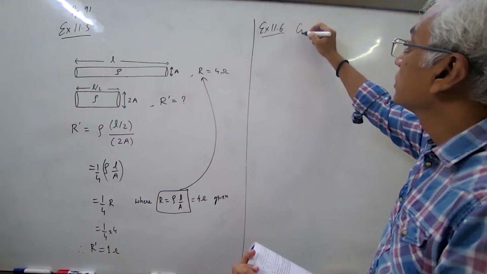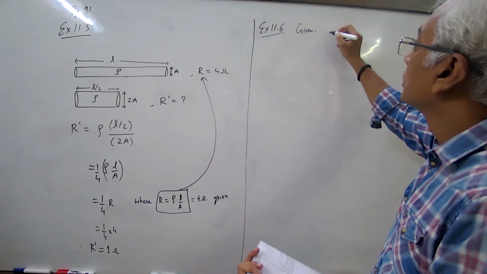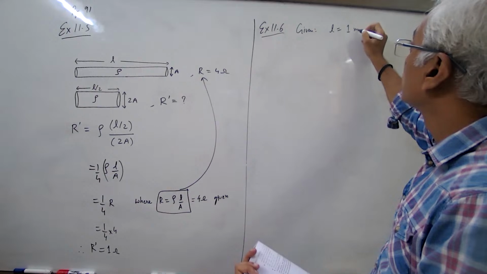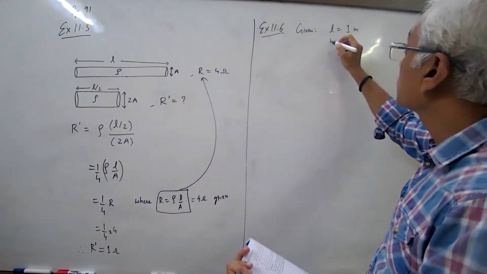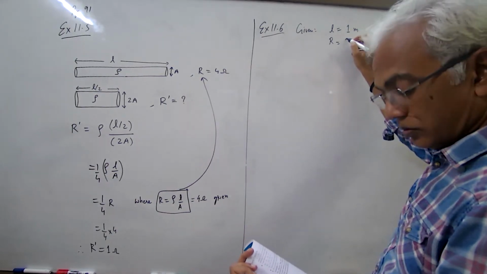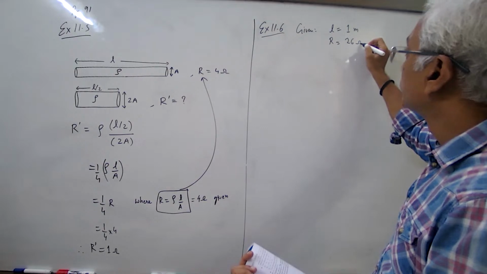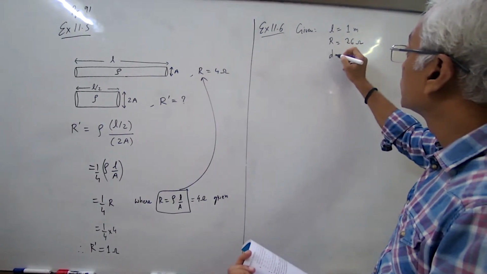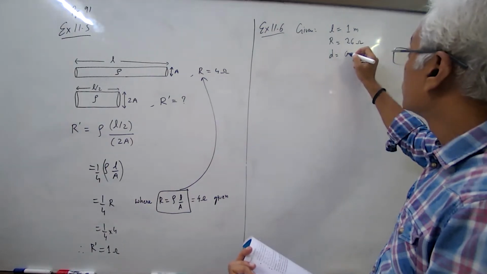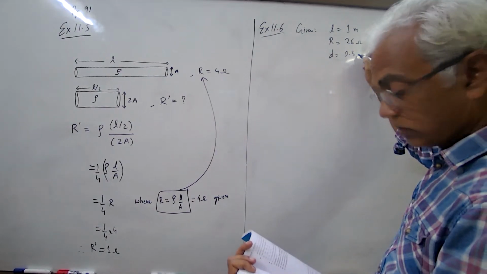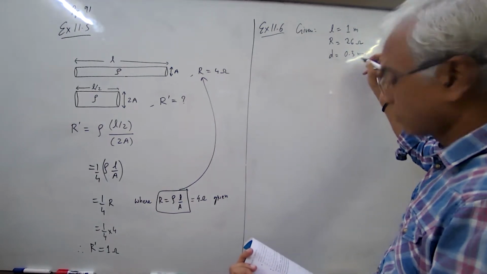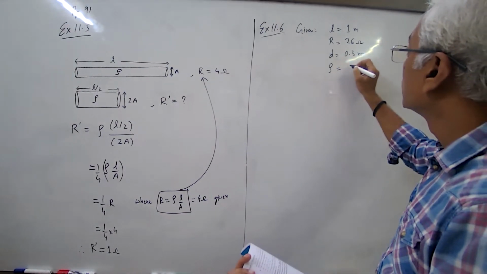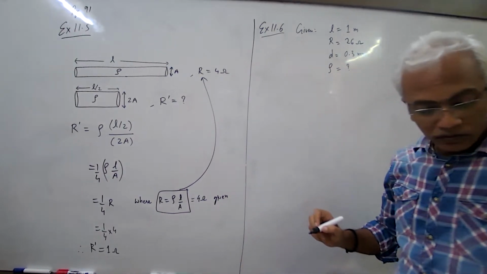So length is given. L of the wire is 1 meter. R given is 26 ohm. Diameter of the wire is 0.3 millimeter. Then you have to find out the resistivity of the wire.